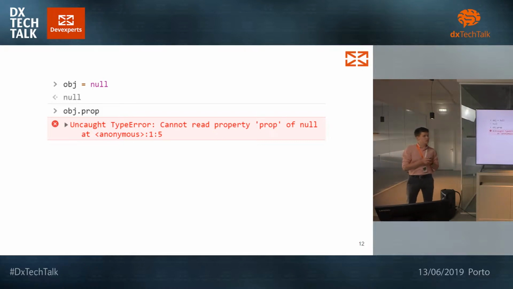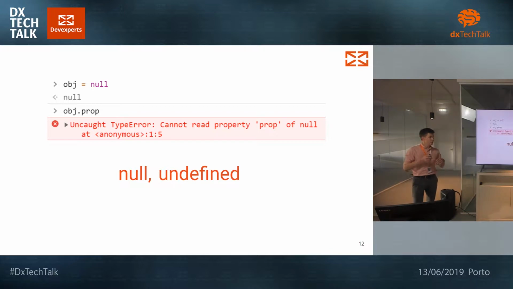And also, besides null, in JavaScript, we also have undefined. So we have not a $1 billion problem, but a $2 billion problem. And once we refuse to use null and undefined in our applications, we'll save those billions for ourselves and just be happy.